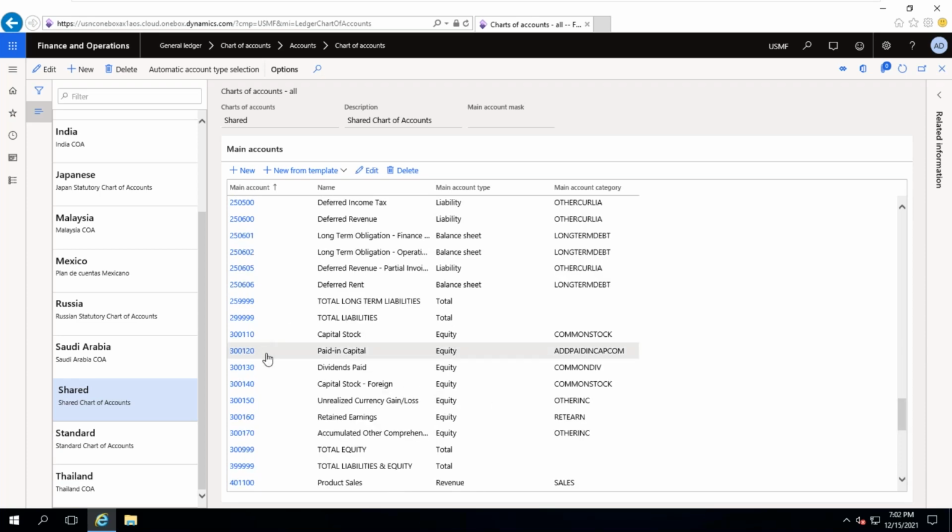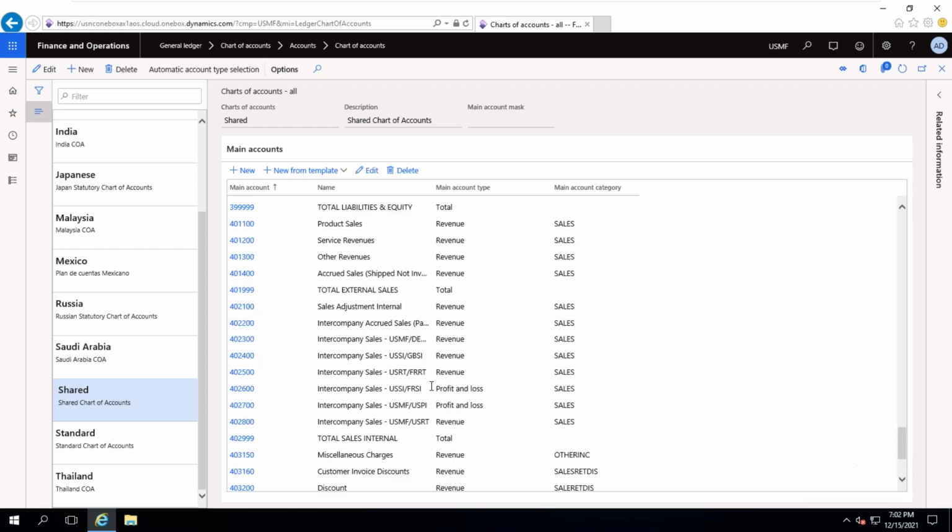Three series are equities. As I told you, it is separated. Actually, it is a liability, as per accounting. But in Dynamics, they have given it as a separate series. Three series as equity. This equity is a subset of liability. Okay. Next, four series is revenue.